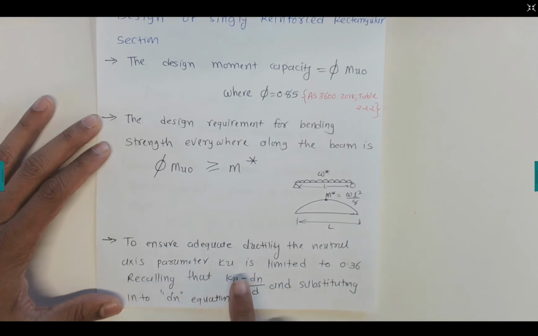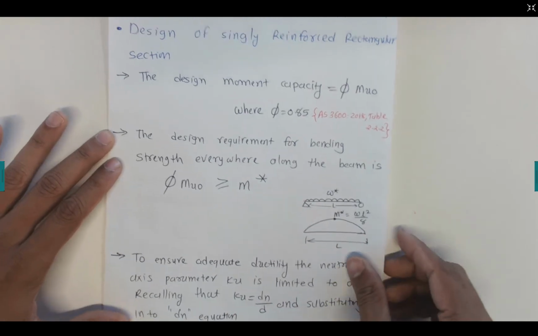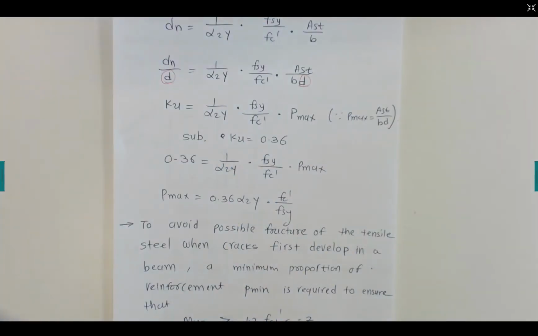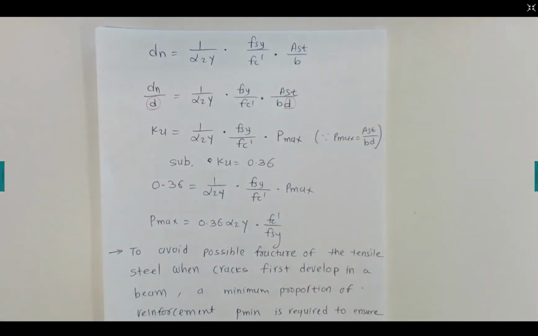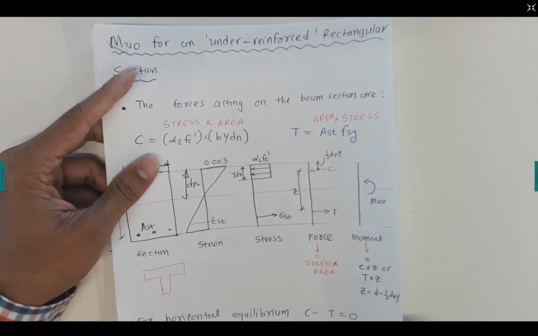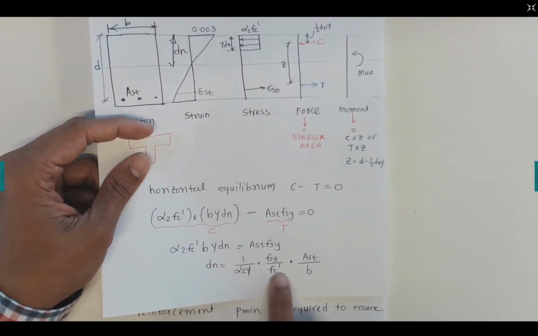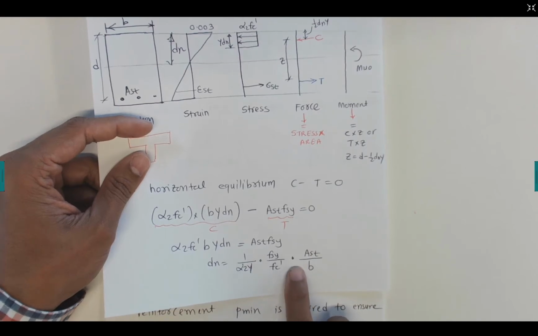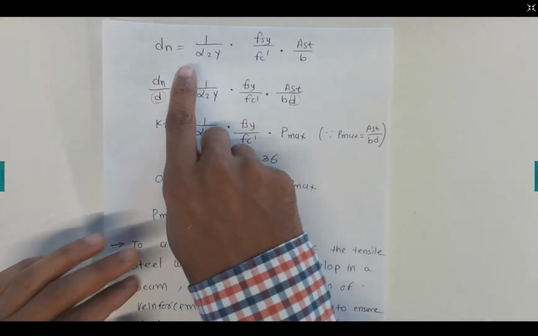Recalling that Ku is equal to dn on d, we can substitute into the dn equation. Previously, in the case of Muo for an under reinforced rectangular section, we obtained this dn equation. I use this dn equation again here and write it down.